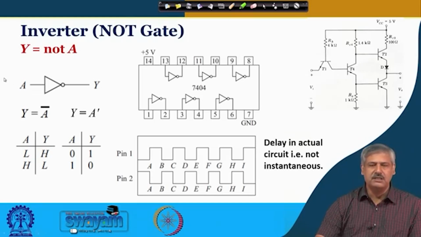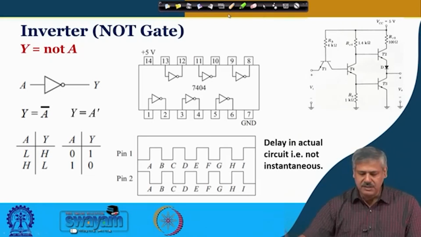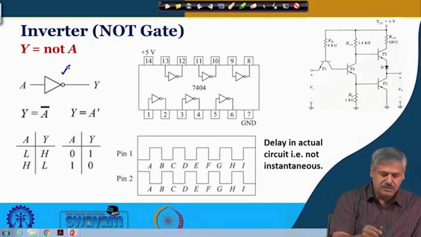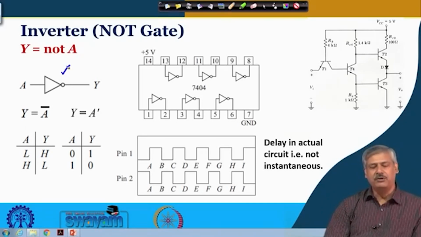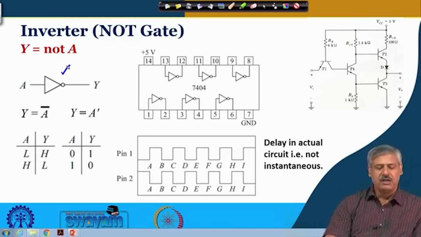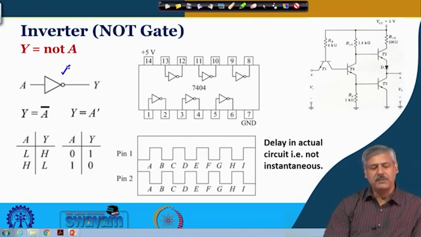And that is represented through a symbol. The symbol over here you see is this one. So, this is the symbol that we shall be using for the NOT gate. You may be already familiar with this, but to formalize this discussion, we put it over here. So, this is one way of representing inverting operation, okay?